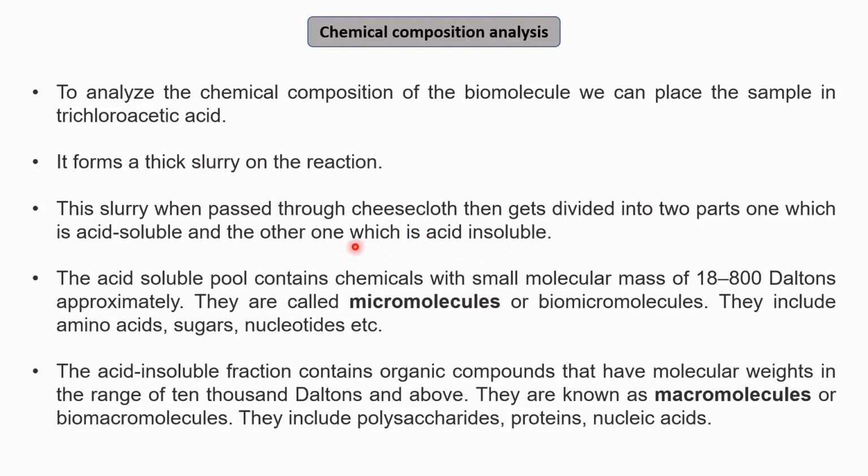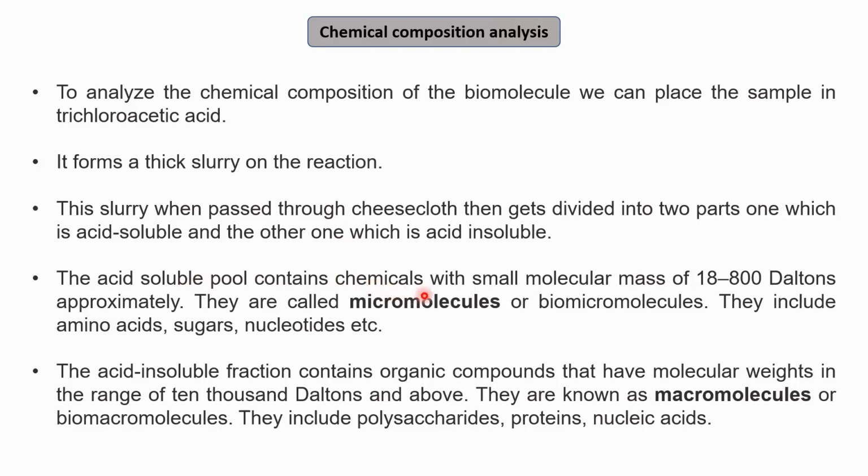The materials of the tissue that get dissolved inside the trichloroacetic acid will pass through the cheesecloth and come into the acid soluble pool as a filtrate, while the other material will remain in insoluble form, and this will be known as the acid insoluble pool.